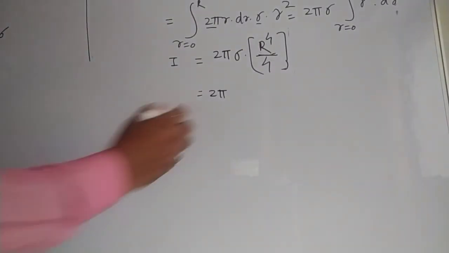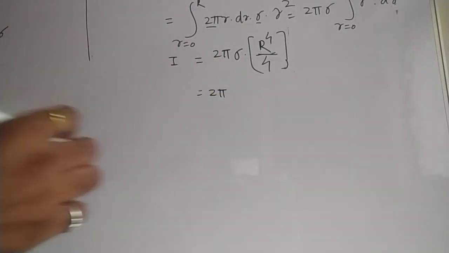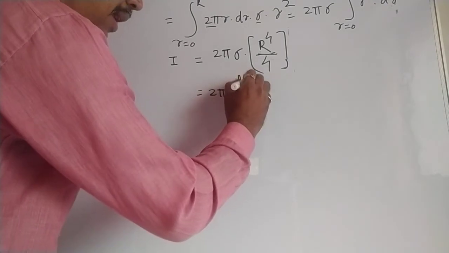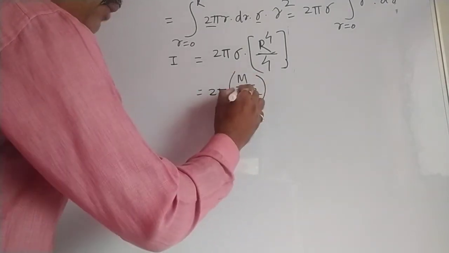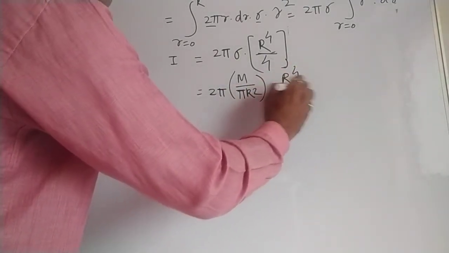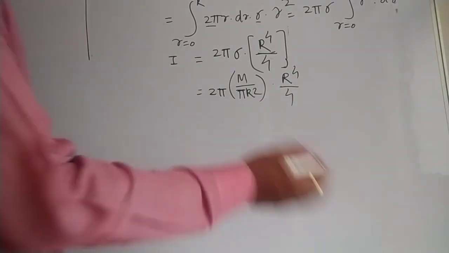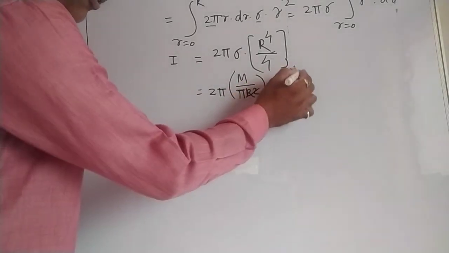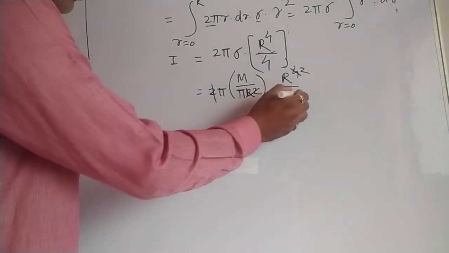So let's write 2 pi as it is. Sigma is what? I have already shown you. It is M divided by pi r square, bigger disk. So M divided by pi r square into r to the power 4 divided by 4. So this is the equation we get. Now let's see, this r square cancels with this r to the power 4, it becomes r square here. 2 cancels with this 4, it becomes 2 here.